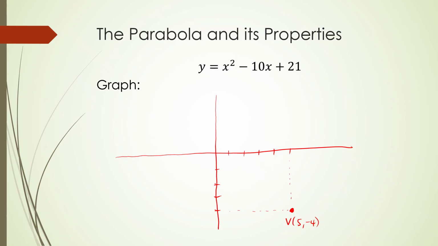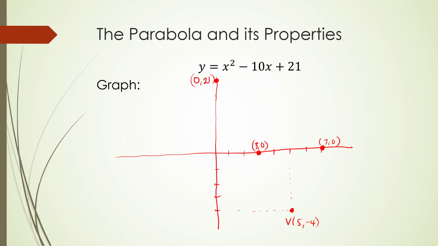Now, let's have 3, 0. Locate on the x-axis 3, 0 and 7, 0. So 3, 0 and of course 7, 0. And of course the y-intercept. Think of this as an extended part of your y-axis. So let's say this point is 0, 21. And let's graph. Please take a look at the light blue or purple.